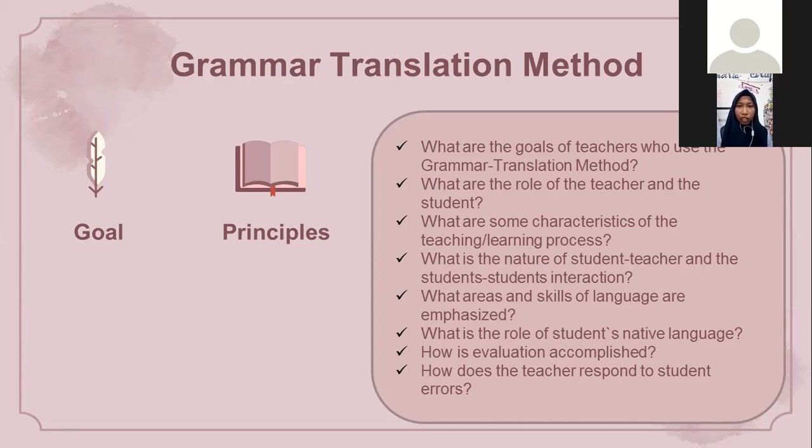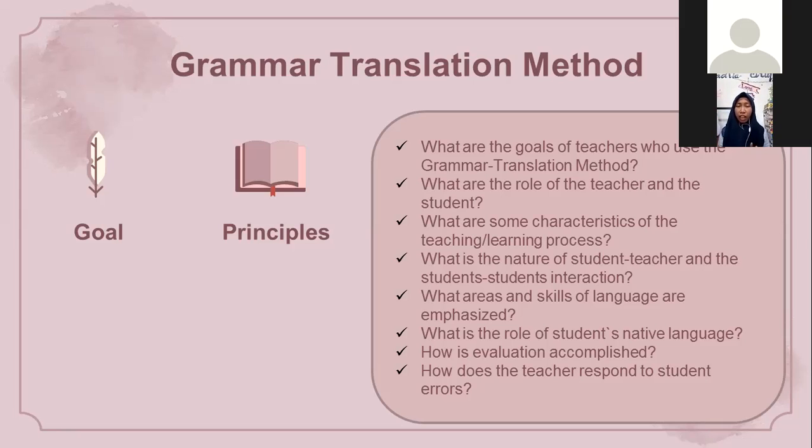And then the role of the teacher and also the students. The teacher has the authority in the classroom because the teacher gives the students directions and instructions on what to do, and what they will know or get from the teaching and learning process with this method.